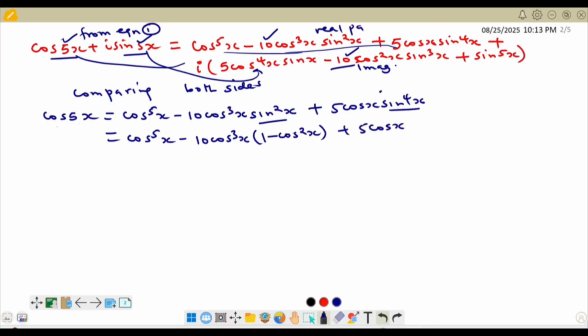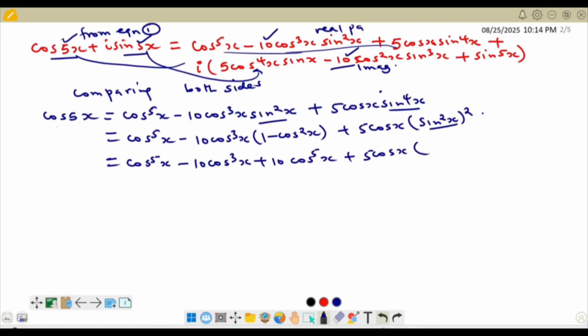We need to also eliminate this, but we can write this first as sine squared of x to the power of 2. So this will be cos to the power 5 of x minus, I will multiply this inside, 10 cos to the power 3 of x, then plus 10 cos to the power 5 of x, then plus 5 cos of x.